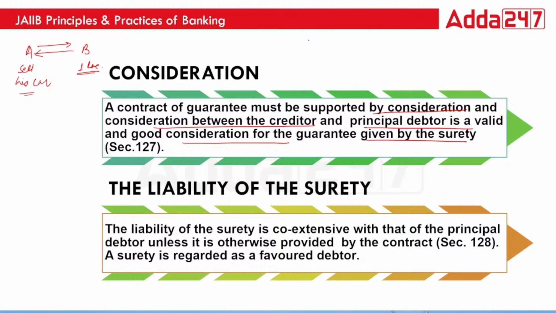Here the surety is whoever is giving the guarantee, so the guarantor will be the surety. There will be a mutual contract between two people, and this contract should be based on consideration. Both are agreeing to pay something for the thing they are actually gaining out of that contract.